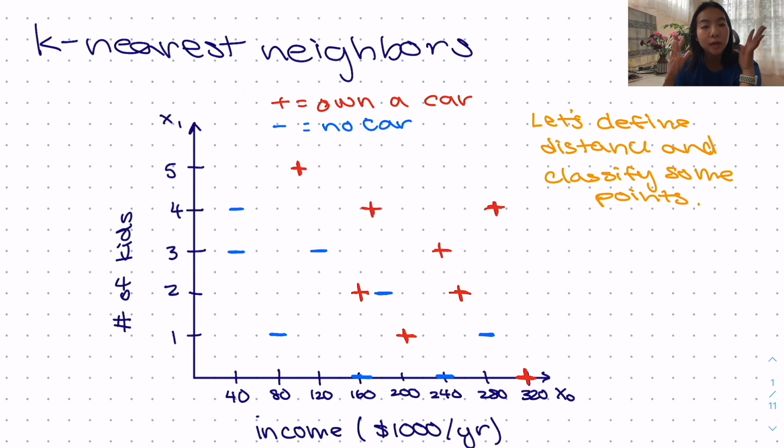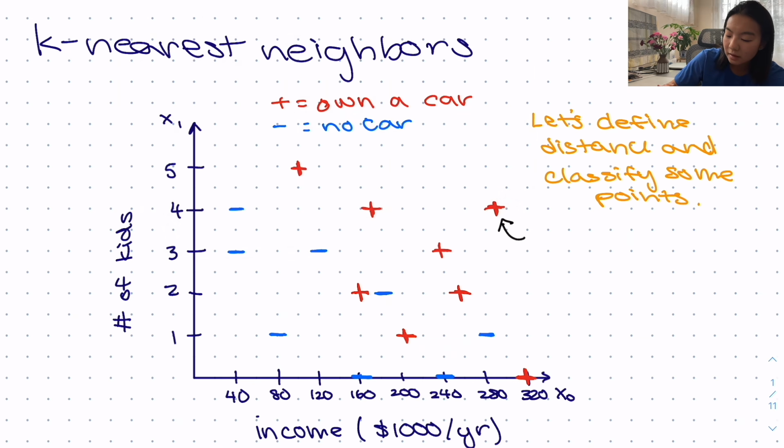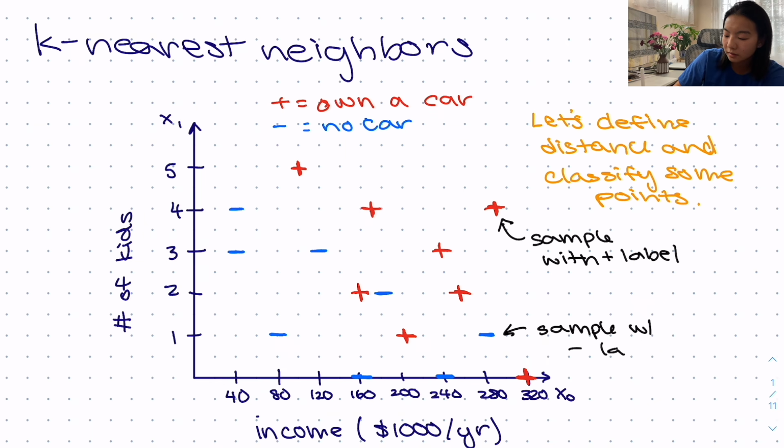So your initial thought should be, okay, I think this is binary classification because all of our samples have labels. So this is a sample with the plus label. And this here is another sample with the minus label.